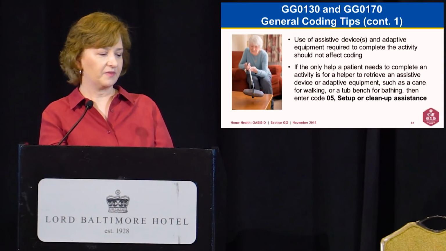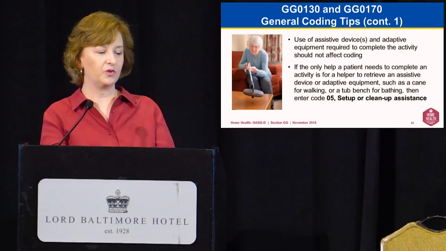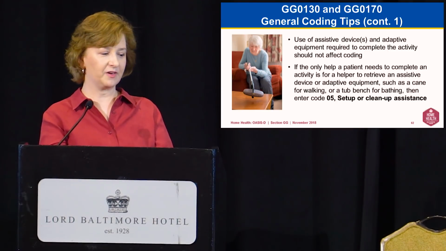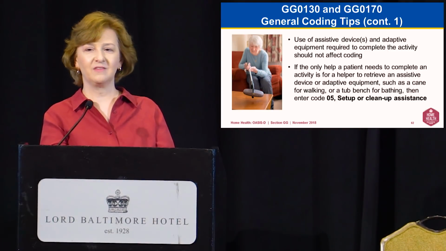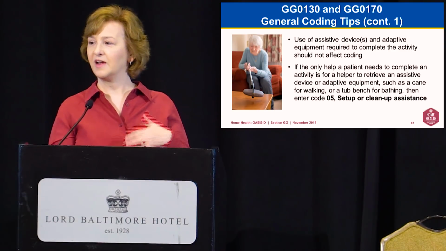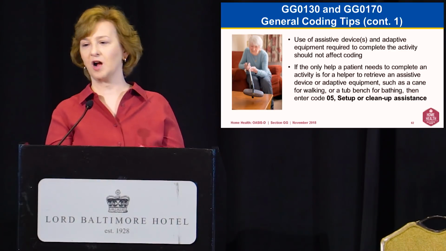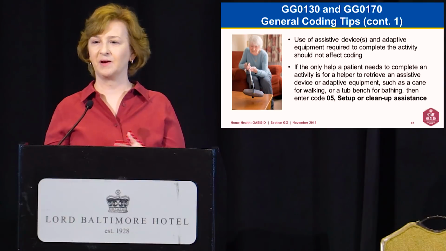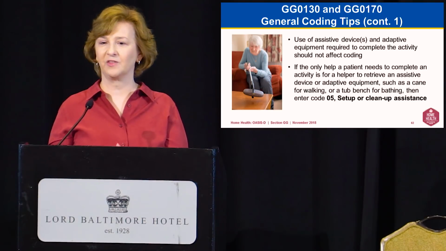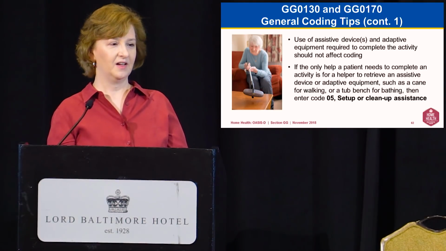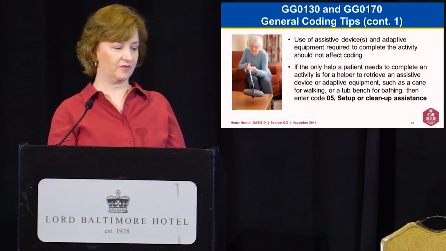Additional coding tips I want to follow through on. So use of the assistive device or adaptive equipment does not increase or decrease somebody's score. If the person uses a cane or a walker, code based on the type and amount of assistance from a helper that's being provided to the patient, regardless of the device use.